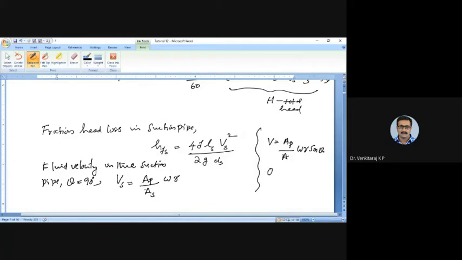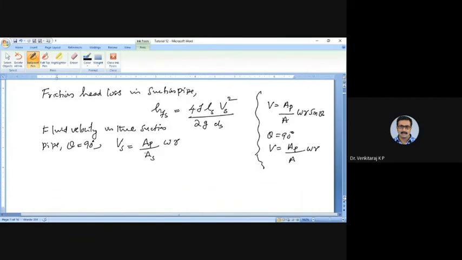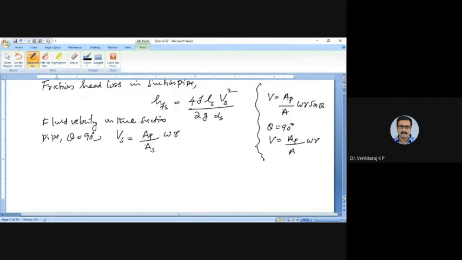So when theta equal to 90 degree, V equal to AP by A omega R. So this equation we have derived in our lecture class. So now let us substitute and find the frictional head loss in the suction pipe.